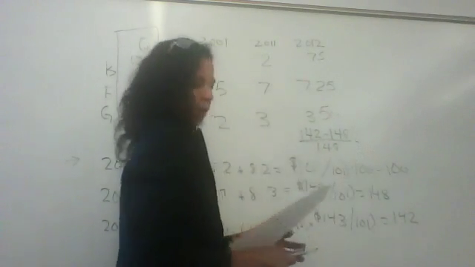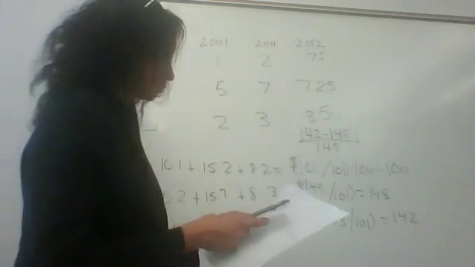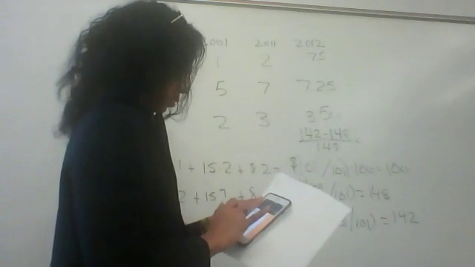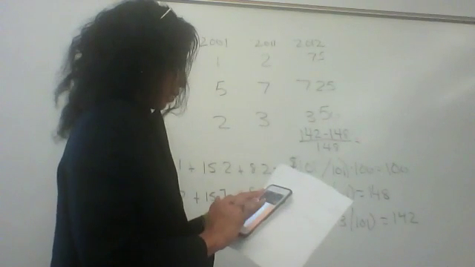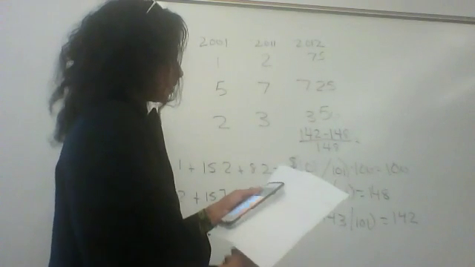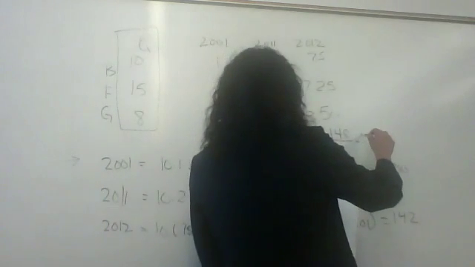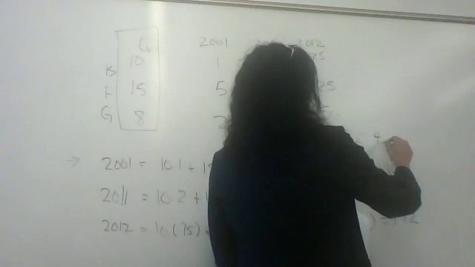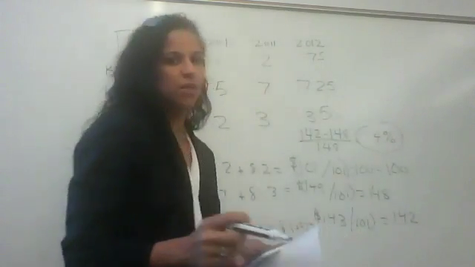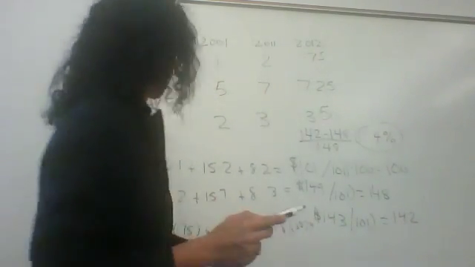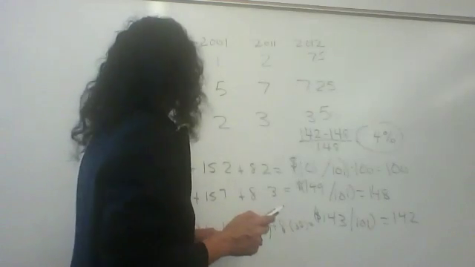When I calculate that out, 142 minus 148 divided by 148 is going to give me negative 4%, which means that on average, the prices fell 4% between 2011 and 2012.